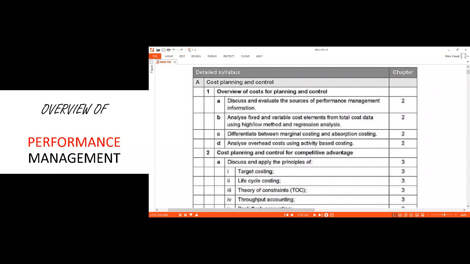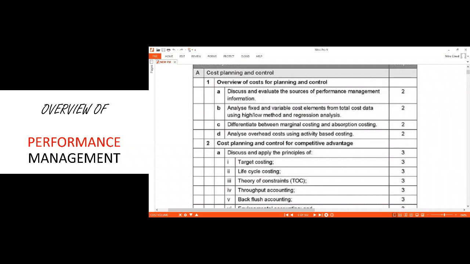Then we move on to cost planning and control of cost, especially for competitive advantage. There we'll be talking about target costing, life cycle costing, theory of constraint, throughput costing. That's interesting.